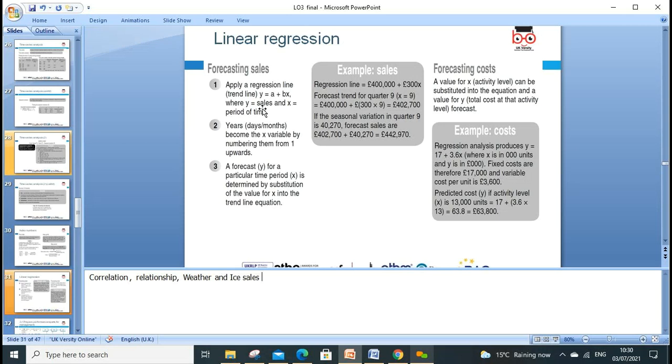If anything variable or the number of units increases or decreases, that will affect you. If there is a seasonal variation in quarter 9, for suppose there is a forecast of the sales, we can look at why this is happening. So this way we can look at the forecast.